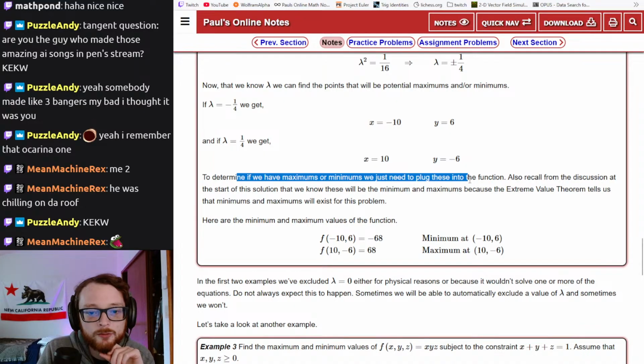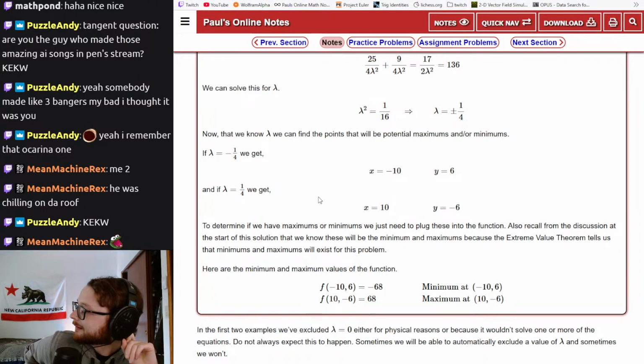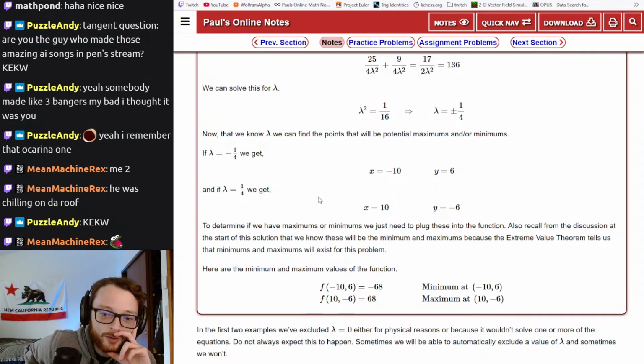Plug them into the function. Well, don't we need to plug in neighboring points? I mean, I guess, okay. There's only one critical point. So I guess we could find the value at the critical point and then find any other value. And as long as it's less, I think we're okay. Well, how do we know it's not a saddle point?